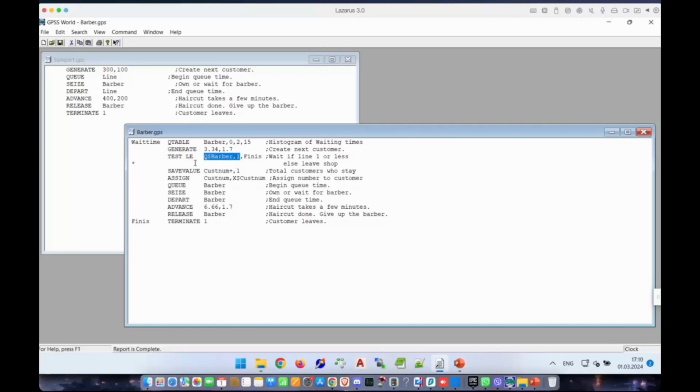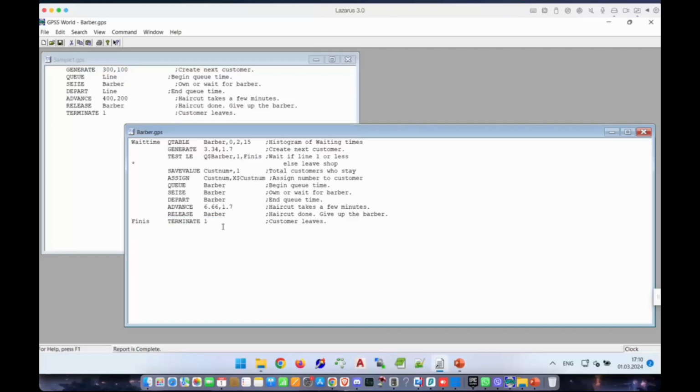If the comparison is correct, then we pull the transact to the next line. But if the comparison is not correct, then we pull the transact to the name of the line which is mentioned as the third parameter. So in other words, it will be forced to leave the system.